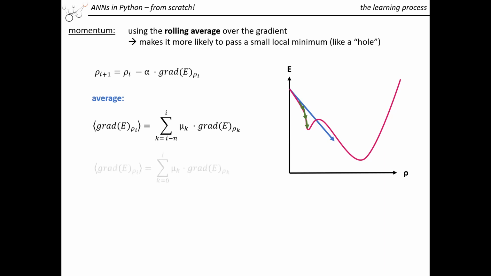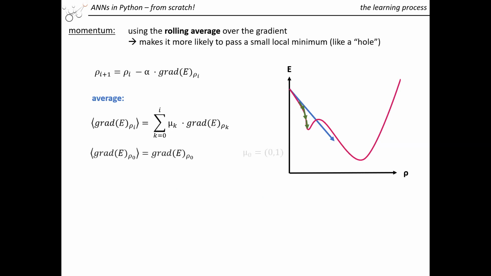A simple way is to just set a mu k that has a value between 0 and 1. So we have this mu, let's call it mu sub 0, which has a value between 0 and 1. And I want to illustrate how we could actually do that. So let's start with our first iteration.